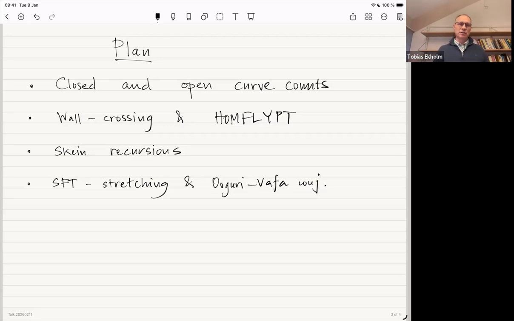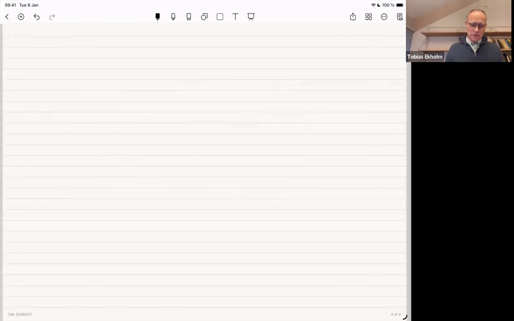In particular, you get Skein recursions that allow you to sometimes completely determine holomorphic curve counts in terms of HOMFLY polynomials and so on. That's the famous Ooguri-Vafa conjecture, and we'll see how far I go. Anyway, let me start.